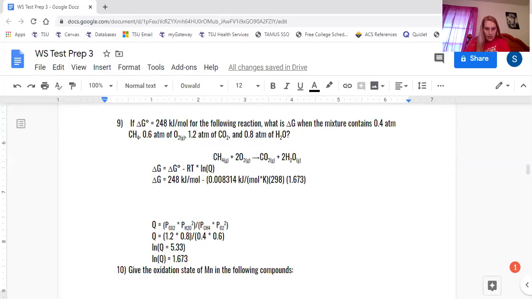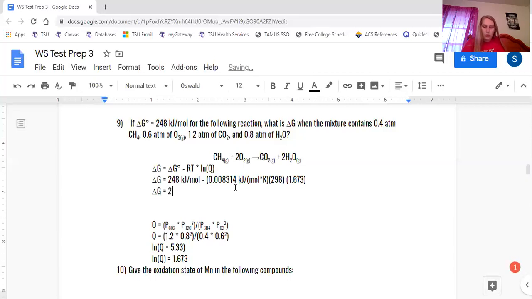Oh yes, I didn't type that in here. I did do that before, I just didn't type it just now. These are squared. Yes, those are supposed to be squared. Good catch there. Okay, so we have our delta G is going to be equal to this when you go ahead and solve it all out.